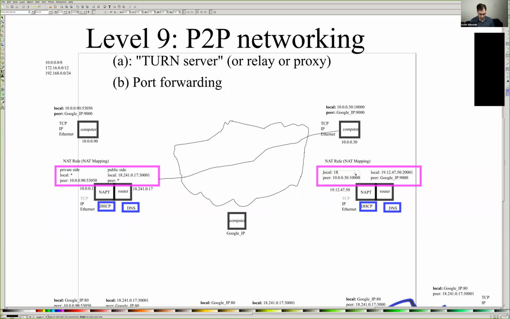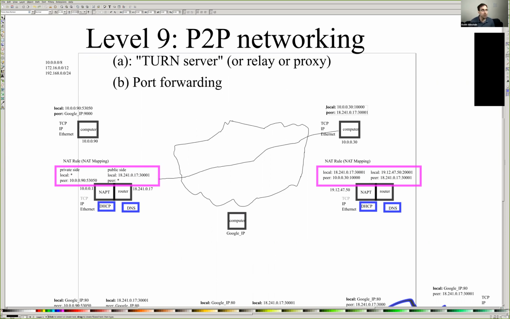Here it's connecting to 18.241.0.17 port 30,001. I hope I got that right.